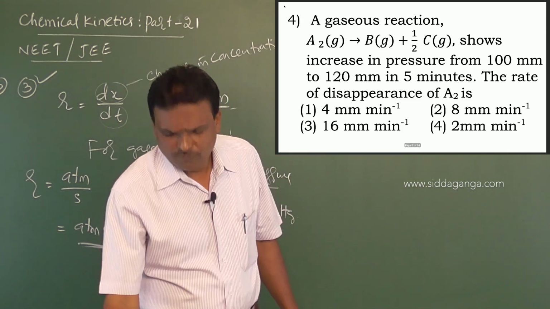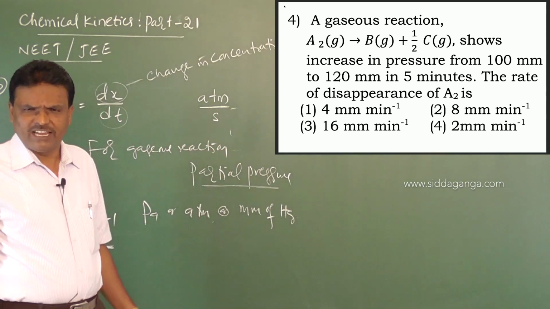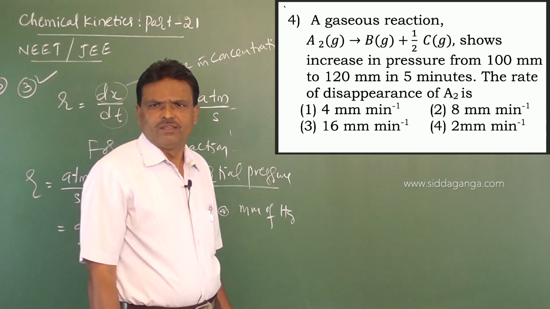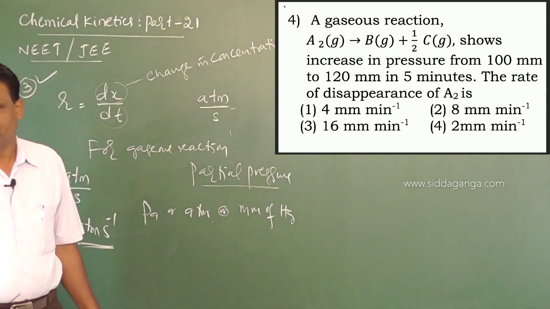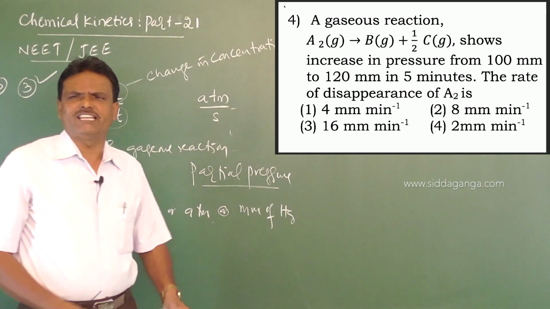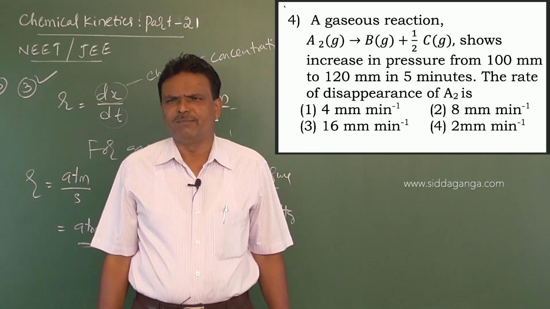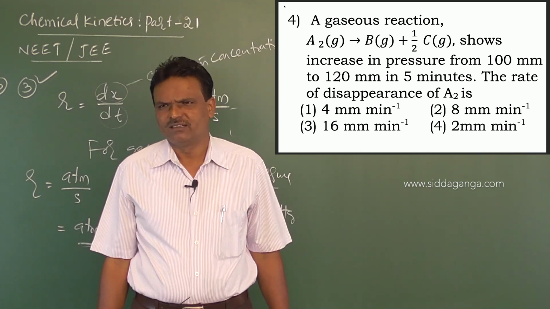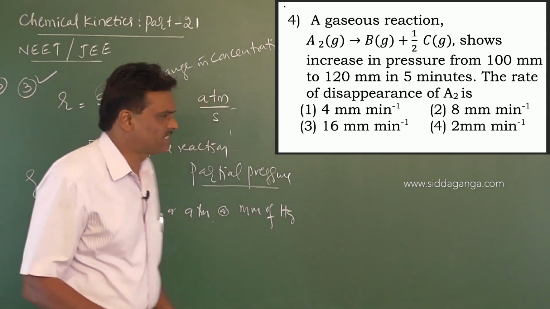Question number 4. A gaseous reaction A2 will give rise to B plus half C, shows increase in pressure from 100 millimeter to 120 millimeter in 5 minutes. The rate of disappearance of A2 is?